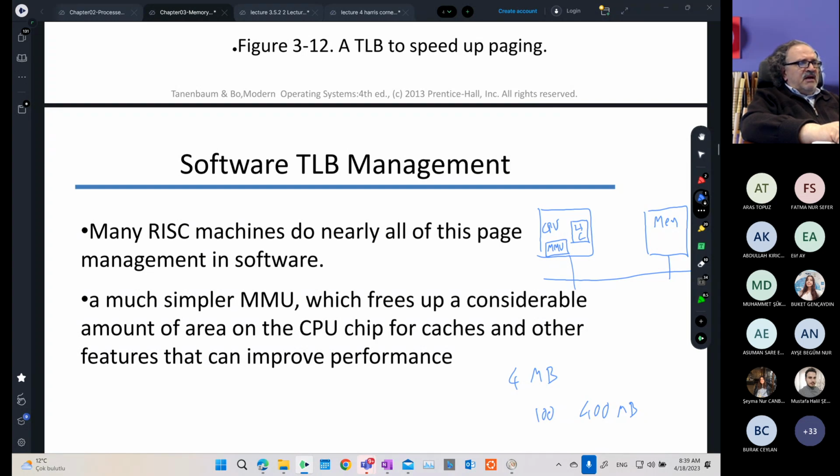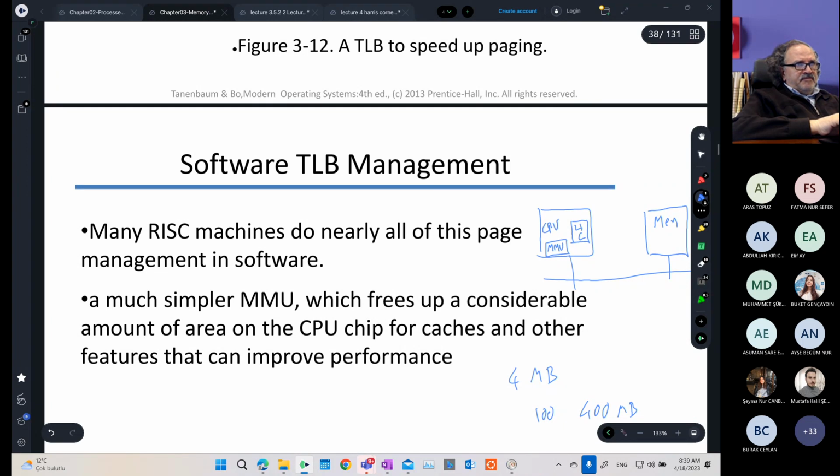It is all done by the hardware. That's why we don't talk about it. But the MMU and the TLB, as the book says, most RISC-based machines, even the hybrid ones, handle by software, which means it is the operating system. That's why we talk about it.